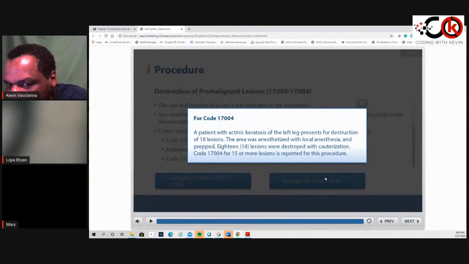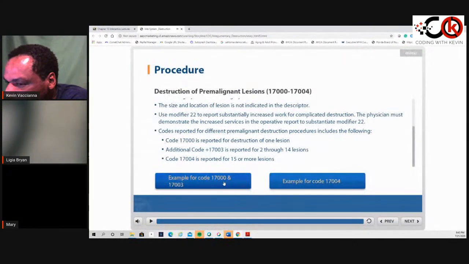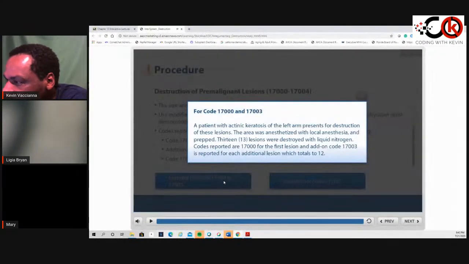Hopefully that's the one you're talking about. Actually, if we're looking at it, the left one is the 17000 and the 17003. Okay. I don't know if there's a delay because I hate doing it like this, but it is what it is. We have to work with it tonight.